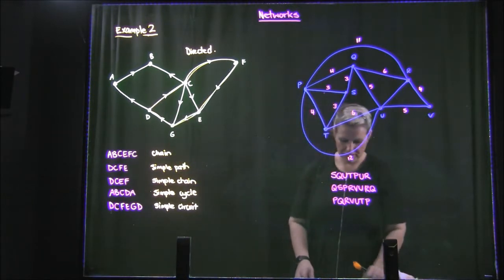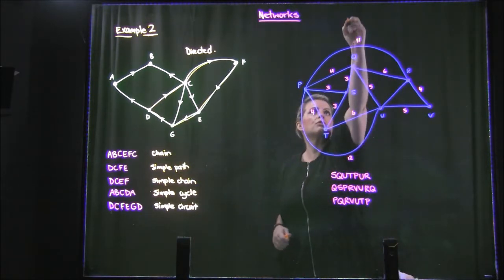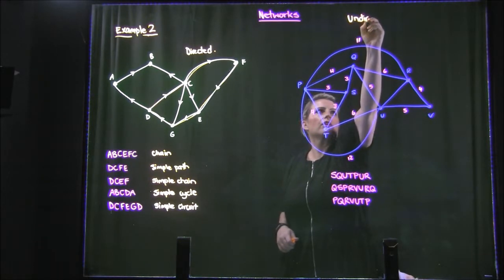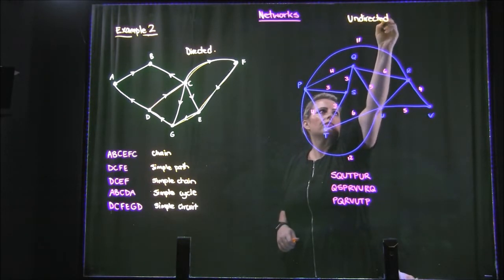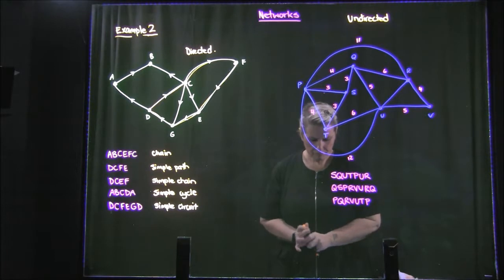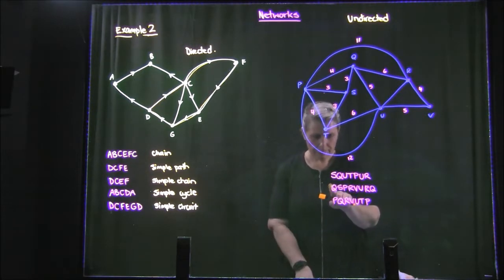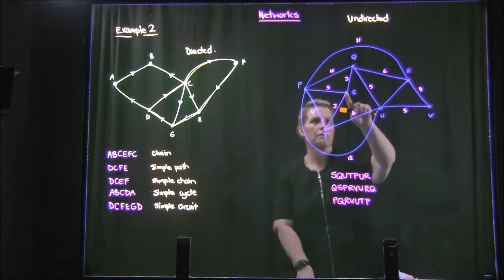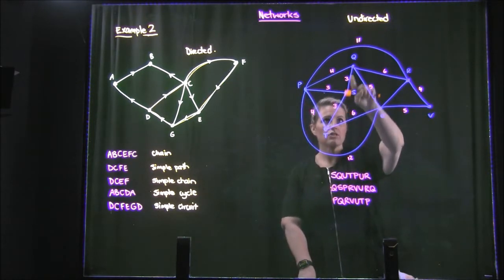Okay, now we move on to this one. This one is an undirected network. So if I look at S, Q, U, T, P, U, R, let's go from there.